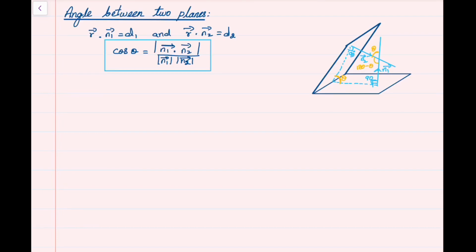This is the vector formula to find the angle between two planes. Let us consider the Cartesian equations of these planes as a1x + b1y + c1z + d1 = 0, and the second plane equation be a2x + b2y + c2z + d2 = 0.